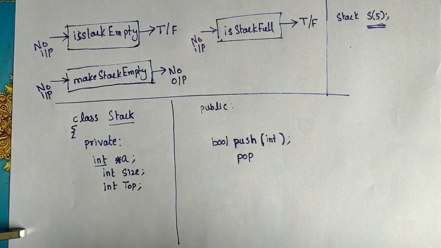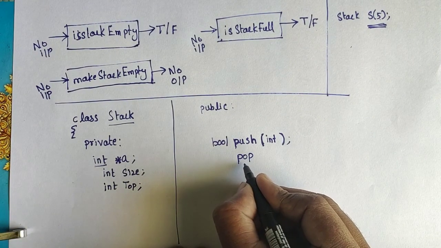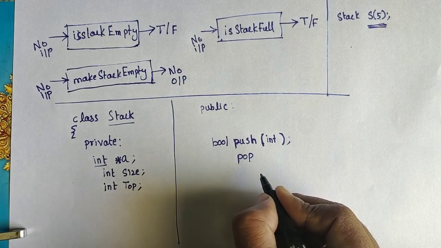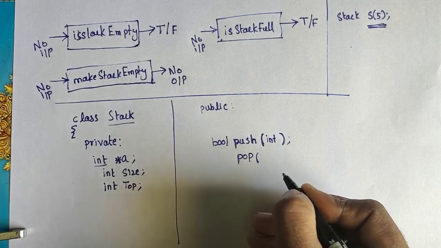For pop, you tell me what type of storage I need to use, and how many outputs I have to return from pop. What is the input for pop? There is no input, correct? No input is sent as an argument.